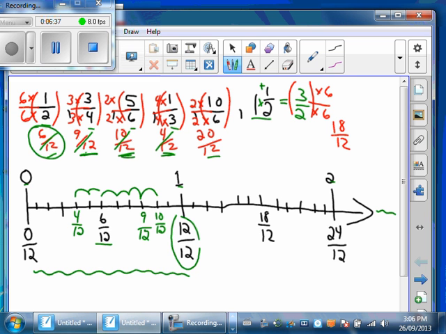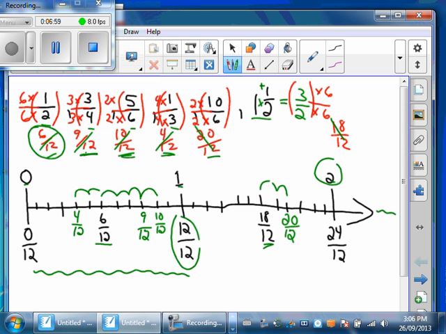What we've done here is halfway between 12 and 24, which would be 2, we've got 18. So we can start here and count over 1, 2, and that gives us 20/12. And then our final one, right here, which is 18/12, has already been listed.